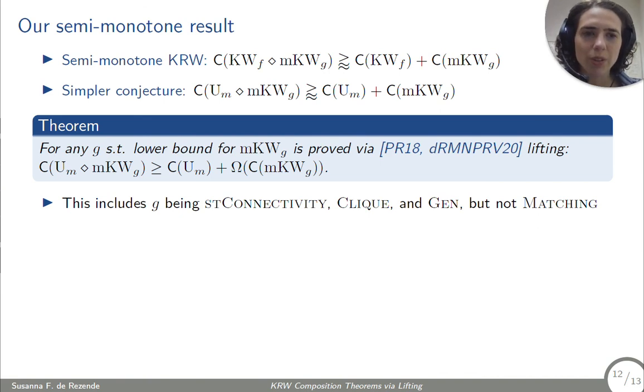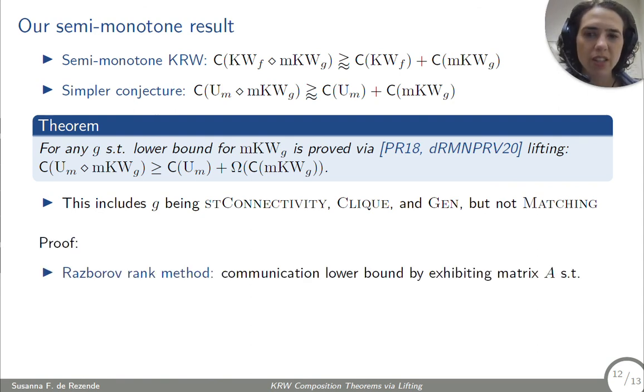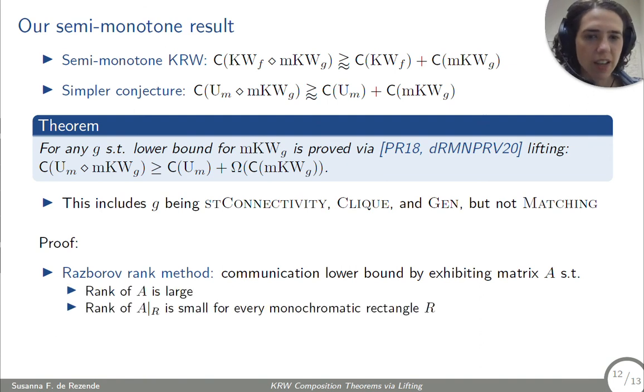Okay, so let's briefly see the main ideas behind this proof. It uses the Razborov rank method, which is a way of proving a communication lower bound by showing that there exists a matrix A that satisfies two properties. The first property is that the rank of A is large.